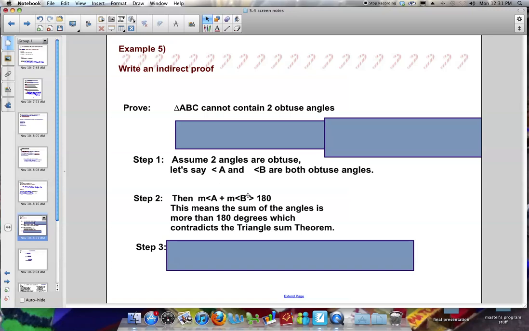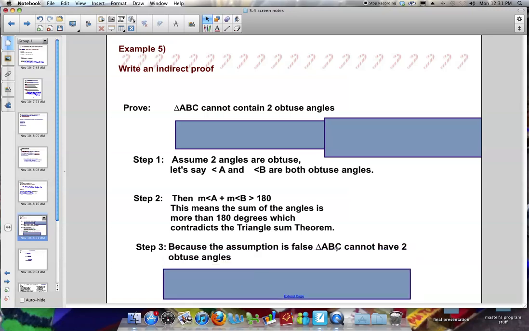Since angles A and B are each greater than 90, that means that the sum of all three angles would have to be more than 180. And we know that can't be true because the three angles of a triangle add up to 180 and no more. So since that's a contradiction, our assumption is false. Therefore, we know that triangle ABC cannot have two obtuse angles. That is how an indirect proof works.